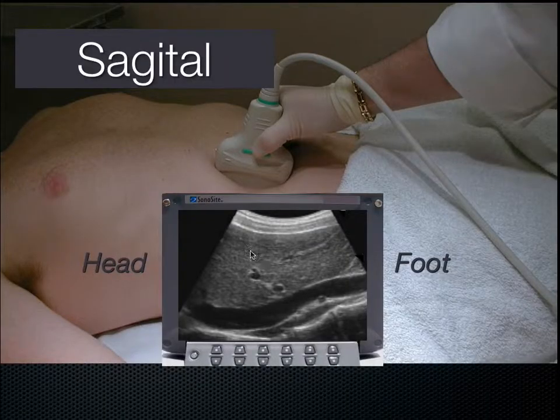Now, as we go through this, we can see here sagittal plane, indicator is towards the patient's head, and the skin line, what's up here nearest the probe. This is to the head, and this is to the feet. As I go deeper or posterior into the body, I finally arrive at the inferior vena cava. It's located underneath the liver.